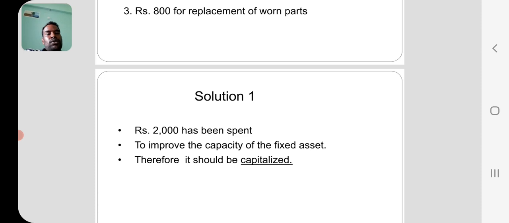See, solution: 1, rupees 2,000 has been spent to improve the capacity of the fixed asset, therefore it should be capitalized.